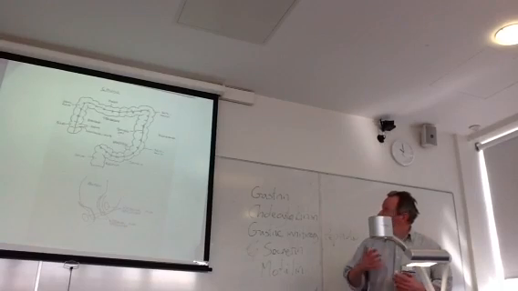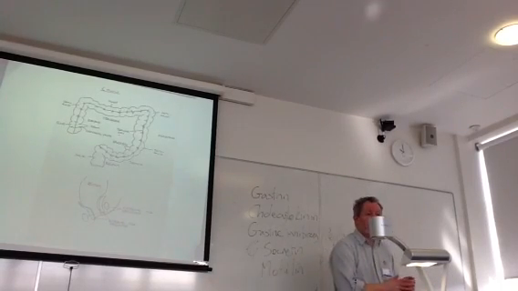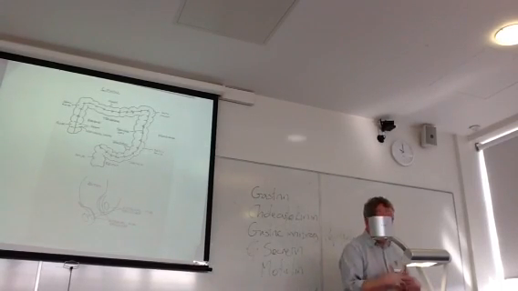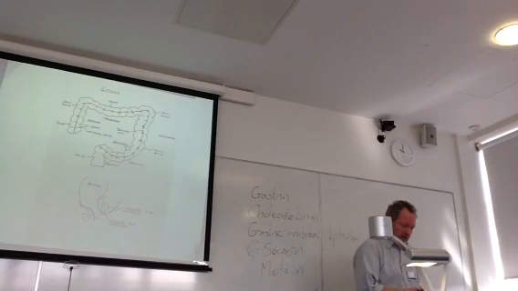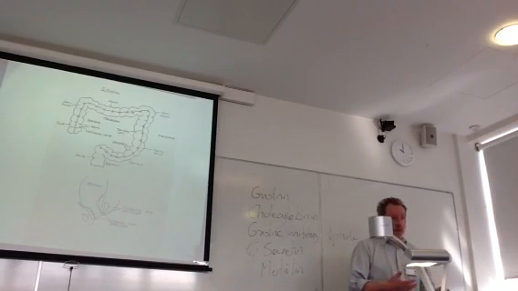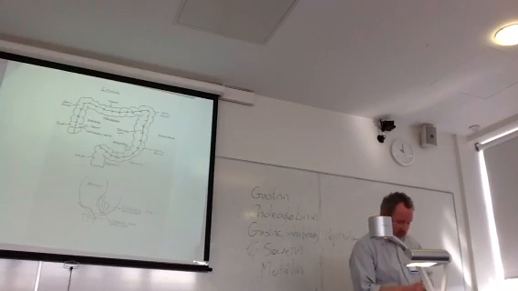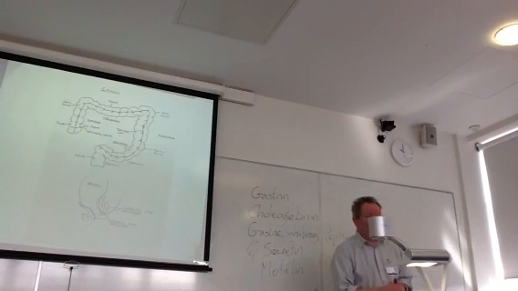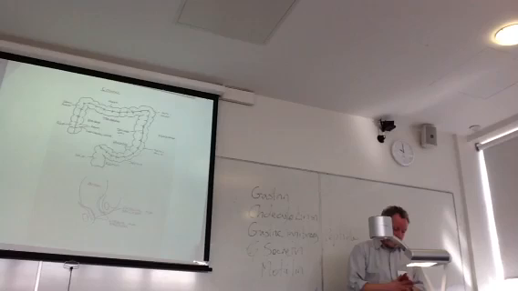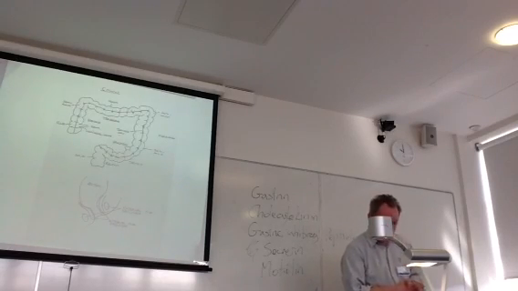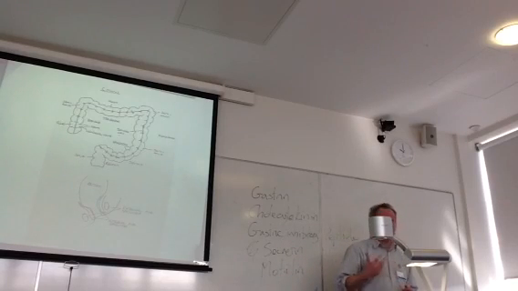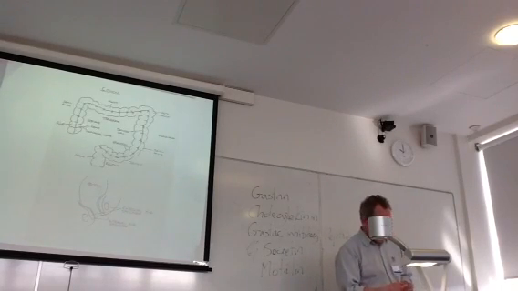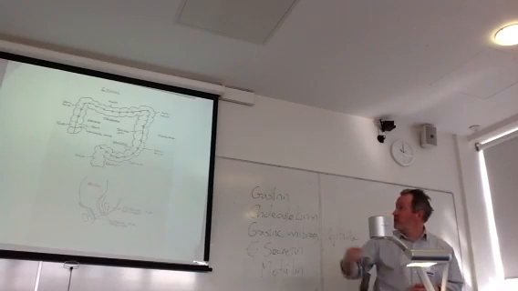So most of the propulsion is accounted for by these haustrations, but there are also propulsive movements called mass movements, with a constrictive ring which appears in the circular muscle in response to a distension or irritation, very often in the transverse colon.